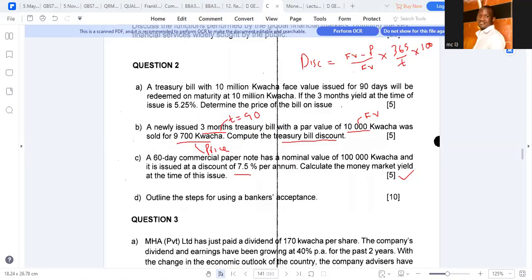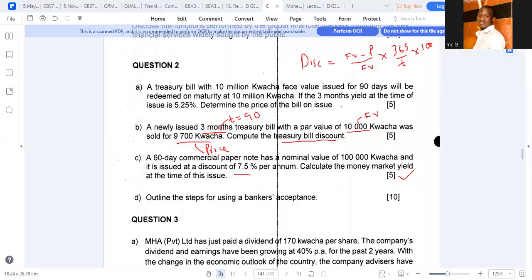We are also given the time, 60 days. We are also given the discount at 7.5% per annum.